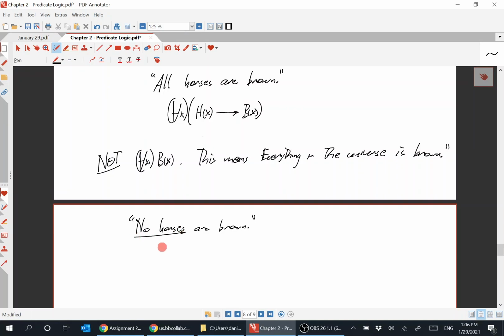Here, this is the subject, that's the verb, and that's the direct object or the predicate. Say the negative over here rather than in the subject. It's the same as saying all horses are not brown.